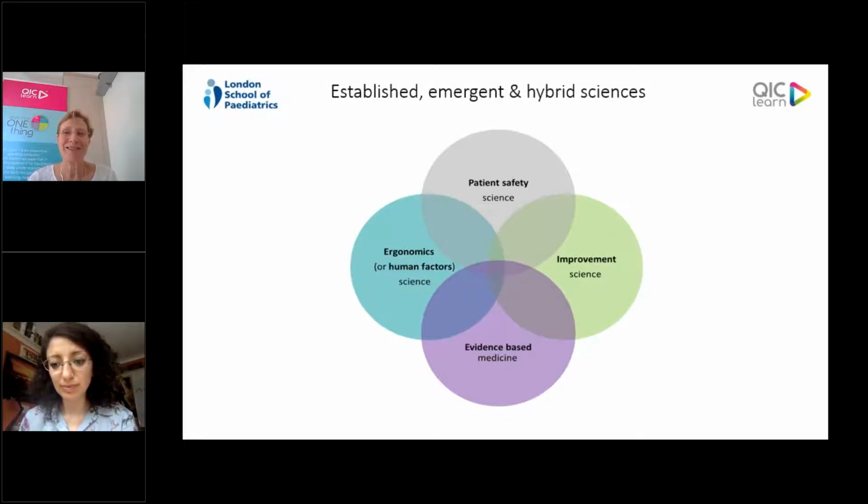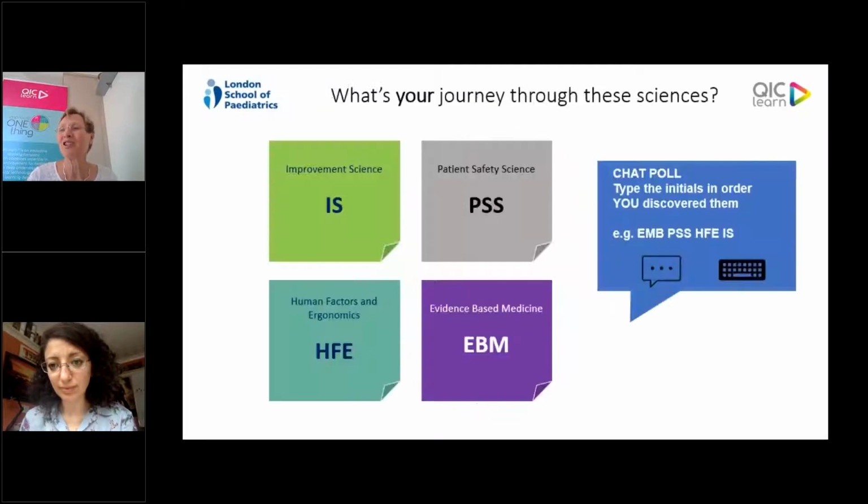I would be interested to know which of these sciences was the first that you experienced, and then what was the order that the other ones were that have come to you, although some of them you may not have come across yet, really. So we're going to do that in the chat by using the initials, because that seemed the easiest way to do on this system.